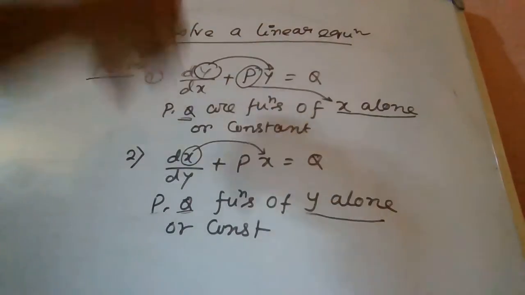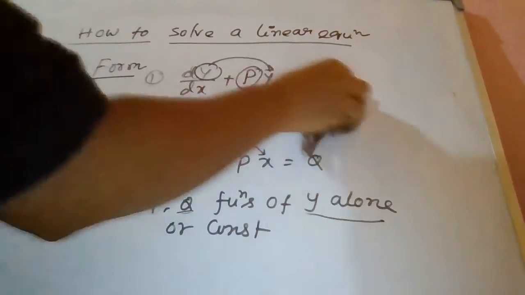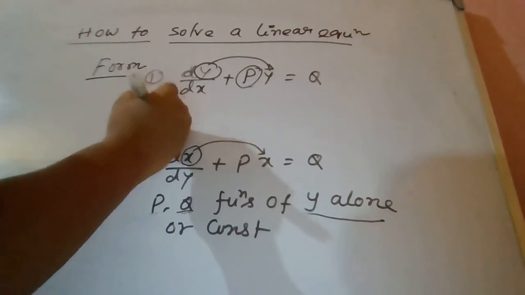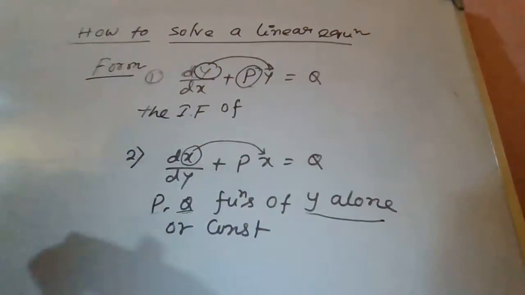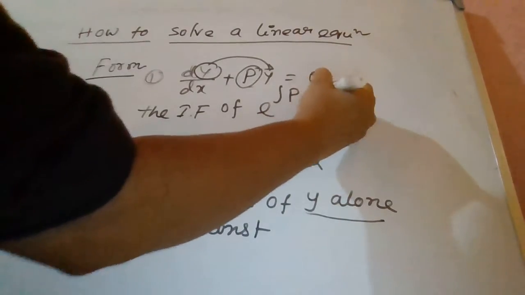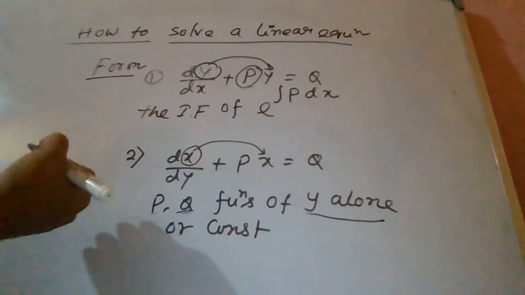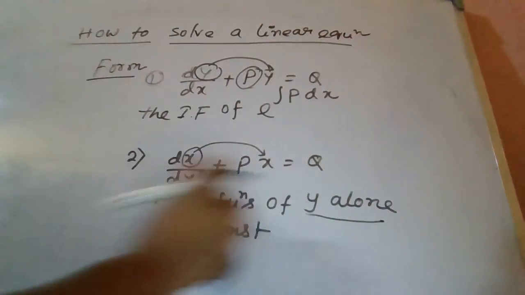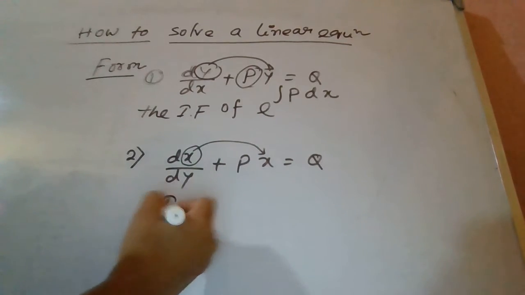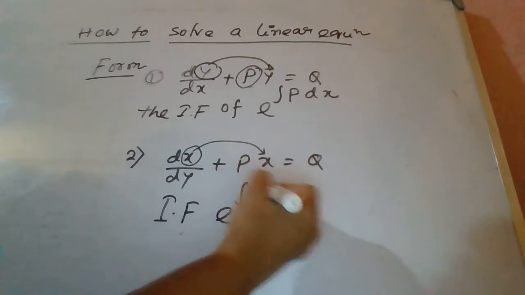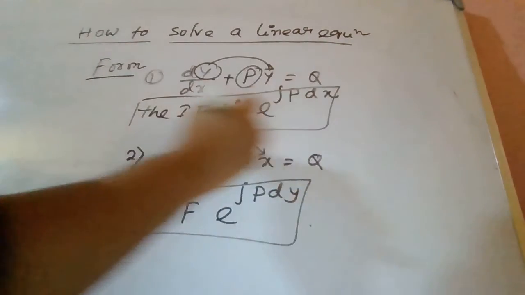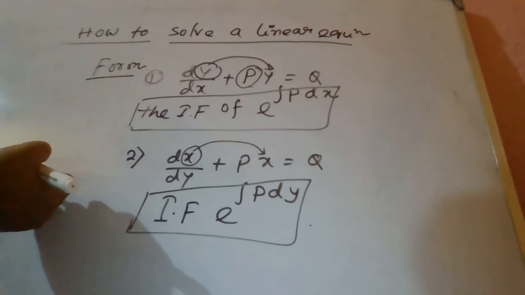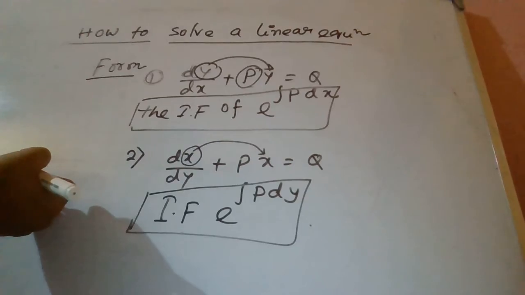Now for the integrating factor. The integrating factor of the first equation is e to the power integration p dx, and the integrating factor of the second linear equation is e to the power integration p dy.